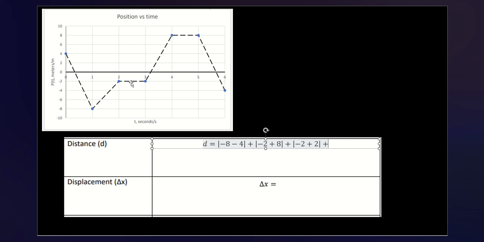Now we're going to add to that our next segment, which goes from 3 to 4 seconds. All we care about is that when this line finally stops, it does not matter how much time it takes, it's ending at the +8 mark, and the line started at the -2 mark.